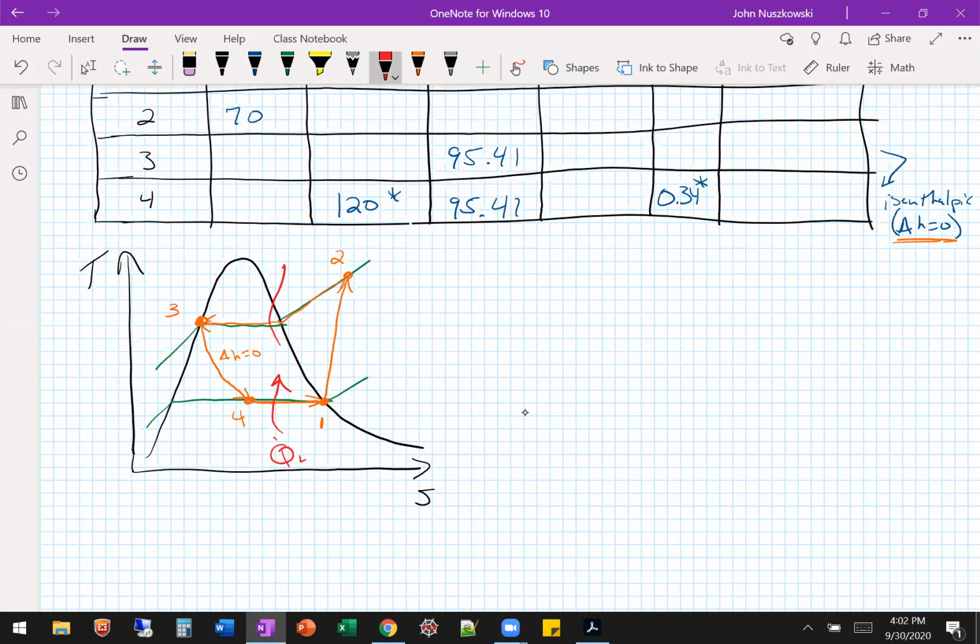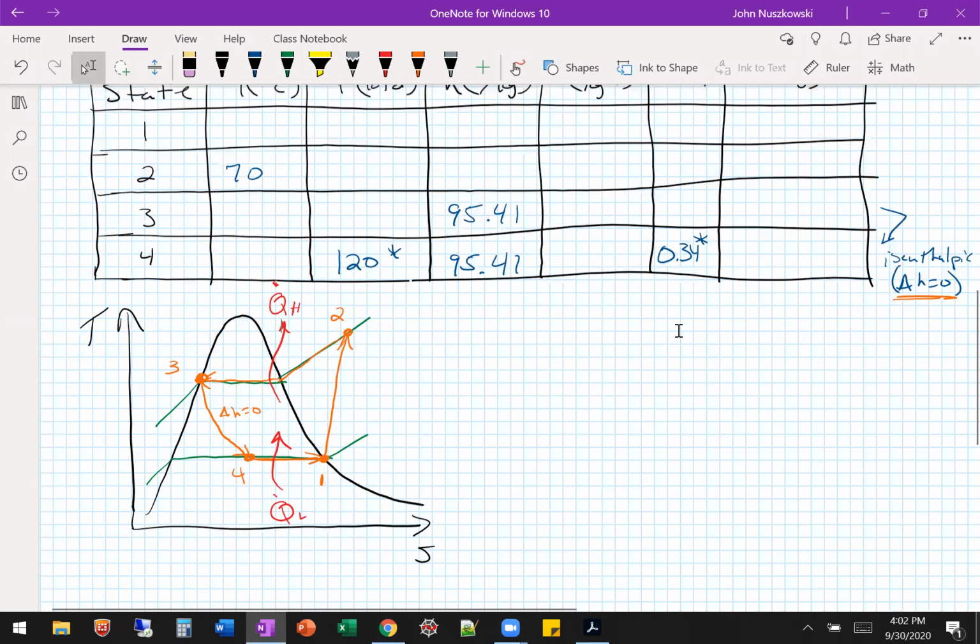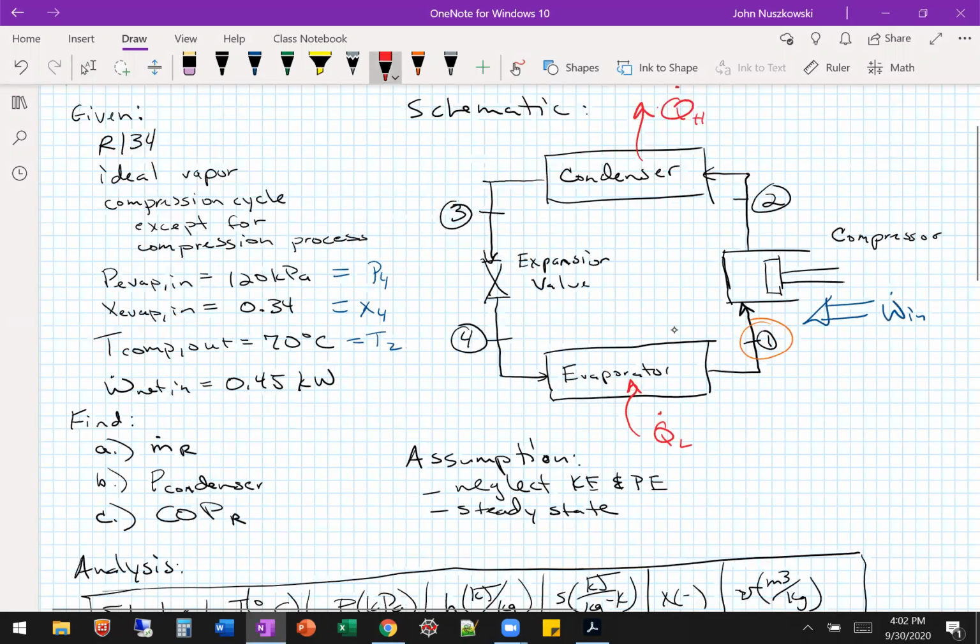How did we know it was isenthalpic again? The expansion valve. It's just like a throttling valve. If you put your boundary around the valve, there's no work, no heat crossing it, neglect potential energy, and we can actually neglect kinetic energy.